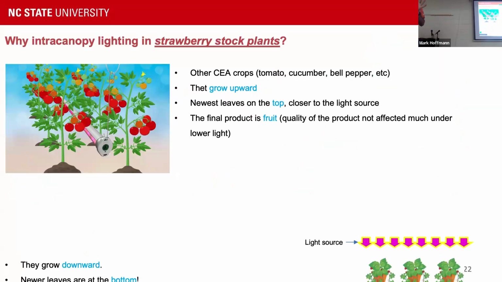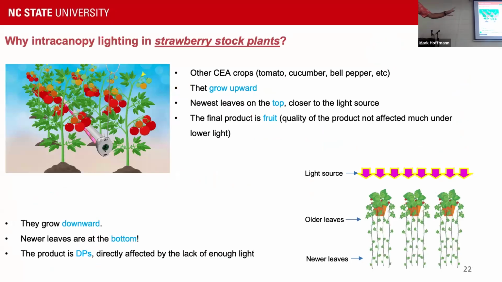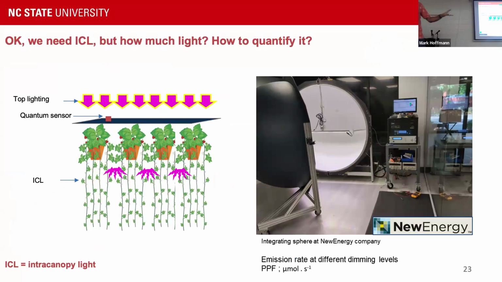I don't want to go through all the background of intracanopy lighting because you all know strawberry. But in general, we had the top light, and also we provided intracanopy lighting. For this intracanopy lighting, we used the integrating sphere to measure all the photons coming out of the LED bars.